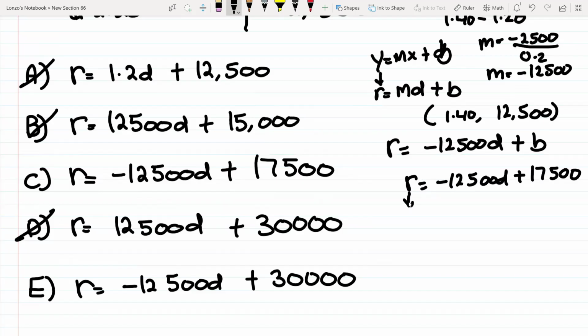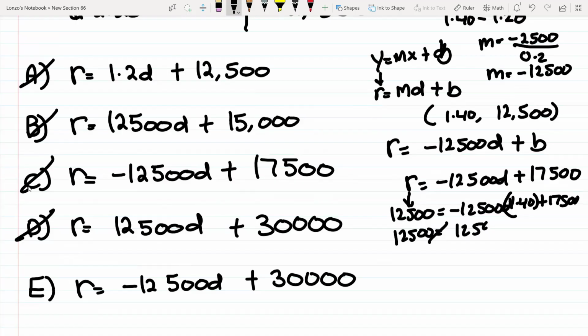Then I replace my R with the point's y, 12,500, equals negative 12,500, and my D is like my x, so times 1.40, plus 17,500. I don't think that's going to equal 12,500 if you put it in the calculator. So it doesn't equal that, so it's not C.